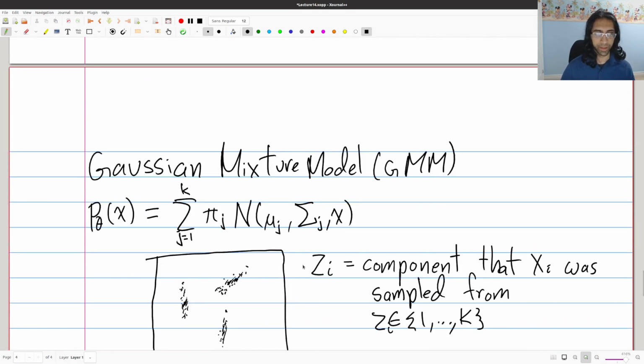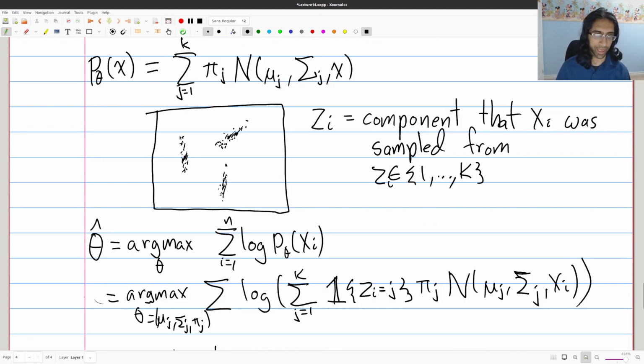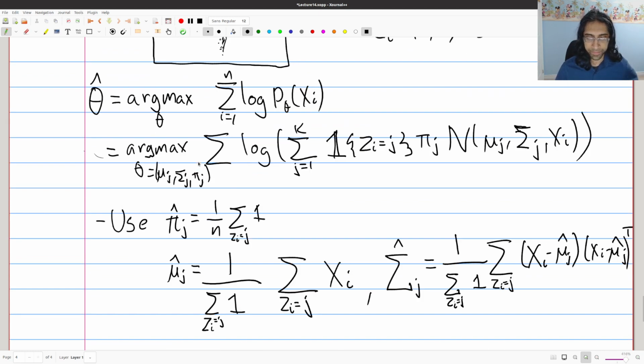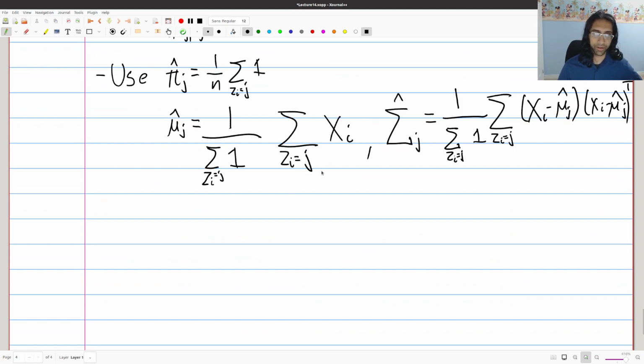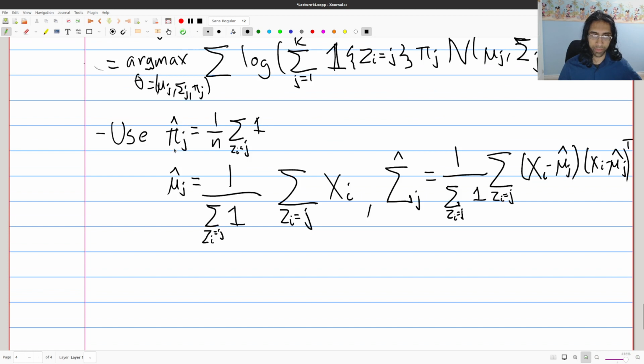Similarly, if we knew which component each point came from, somebody told us that all of these points came from this component, so we can just average them to get an estimate for the mean. We take the fraction of them which land in this cluster to get the mixing weight, and similarly take the covariance to get the covariance. All I'm saying is we just decompose it into the different components, and that would be all we have to do if we knew which component each point came from.